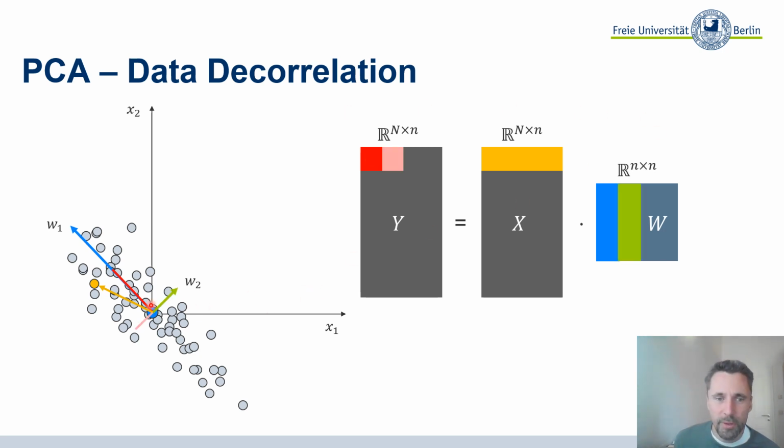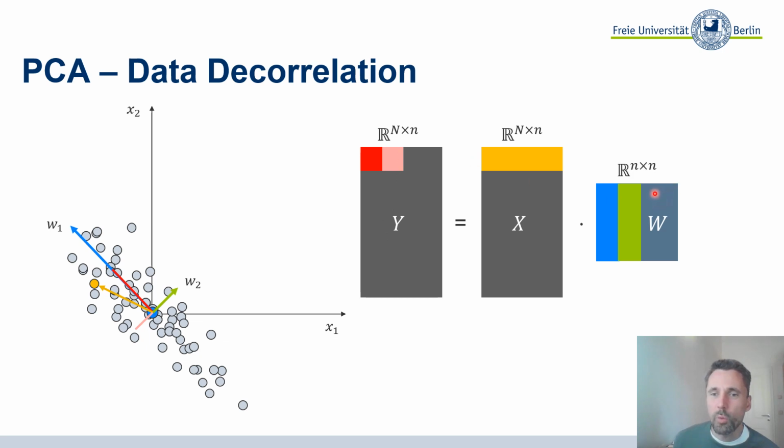Now, if we then use the orthogonal second principal component and this data point, this times this gives us a negative value here, and that's the second coordinate of our transformed data y.